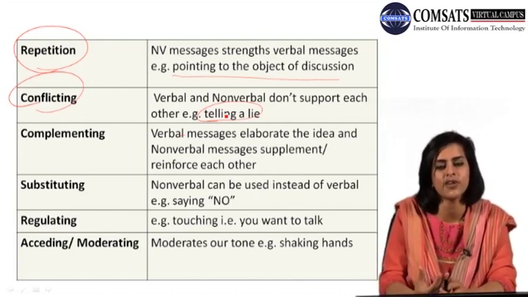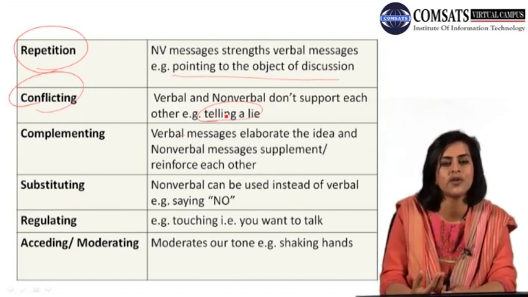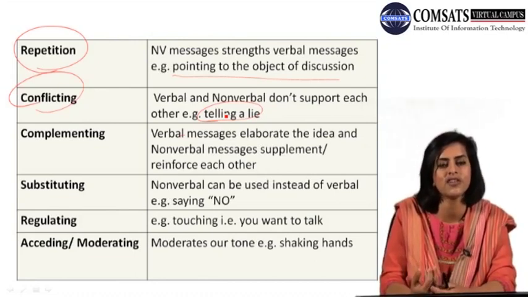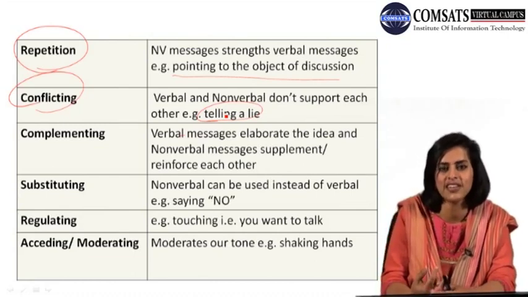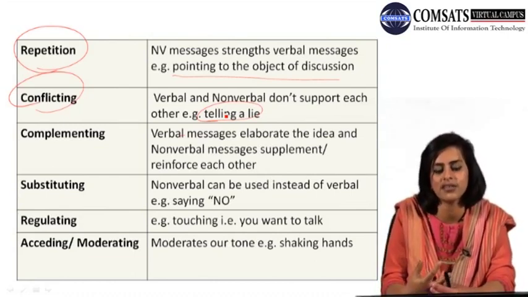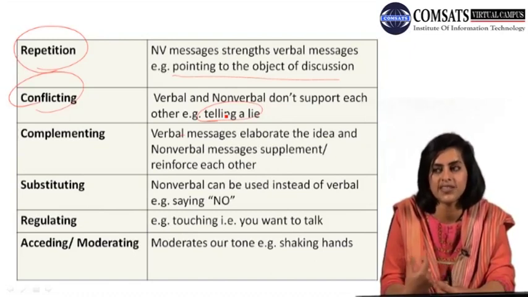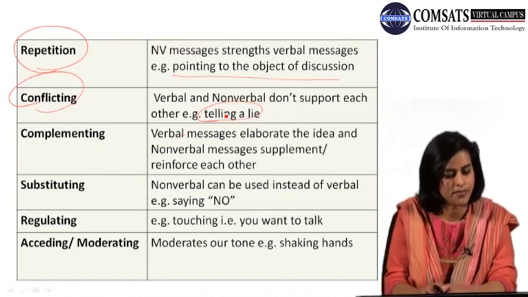Whatever you are saying in verbal communication, your eyes and your facial expressions would automatically tell your mother that you are lying. Okay, so kids usually do that. So this kind of a habit is that you are saying something, but your non-verbal communication is automatically revealing that you are telling a lie.